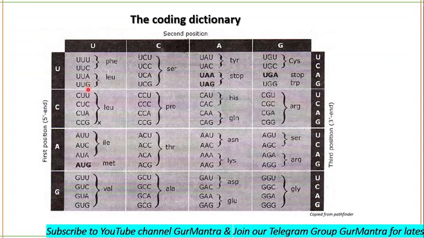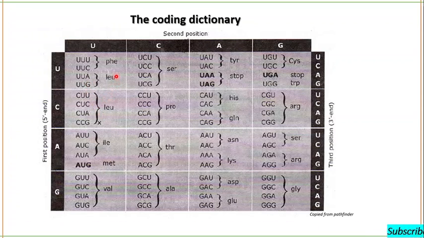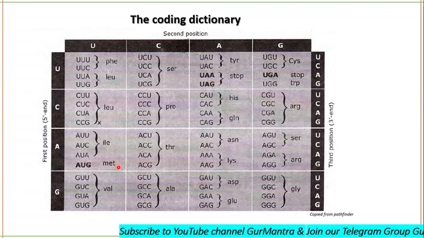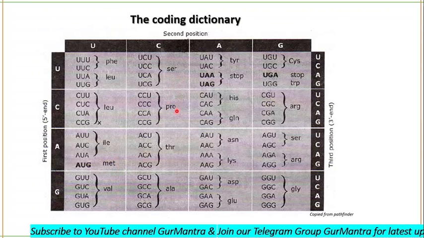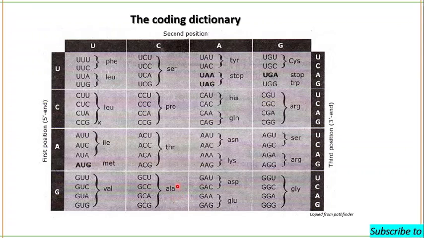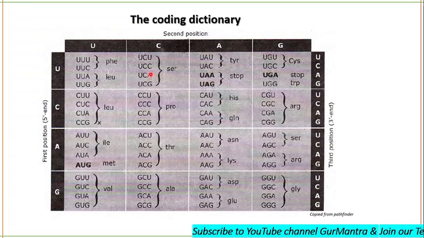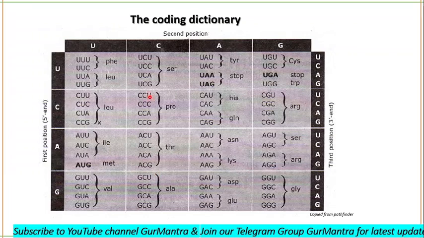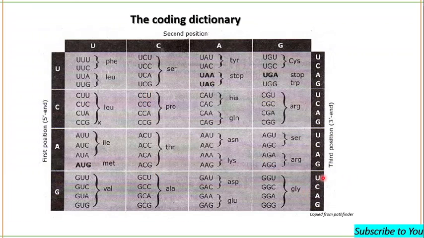Fine. Okay, like leucine has 6 codons, phenylalanine only 2, isoleucine has 3, methionine 1, valine 4, serine 4, proline 4, threonine 4, alanine 4. See, serine, proline, threonine, alanine. How many? 4. Okay. Glycine, how many? 4.